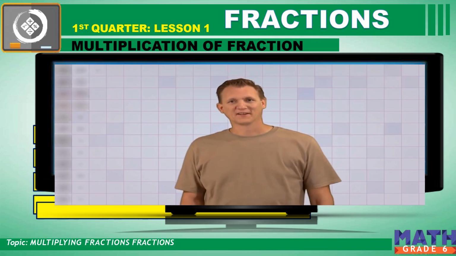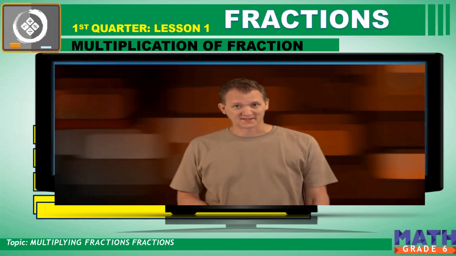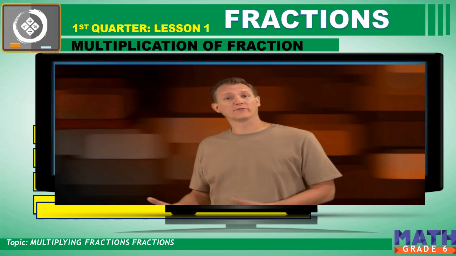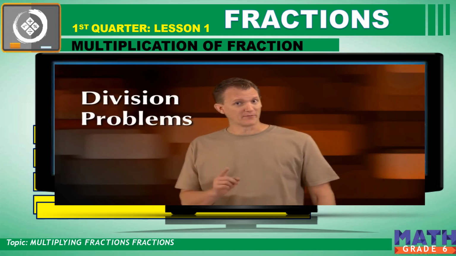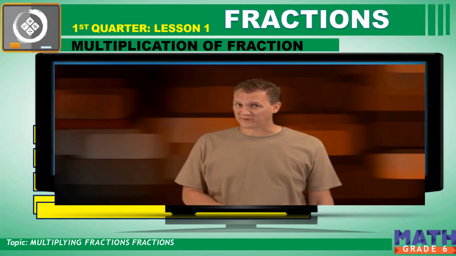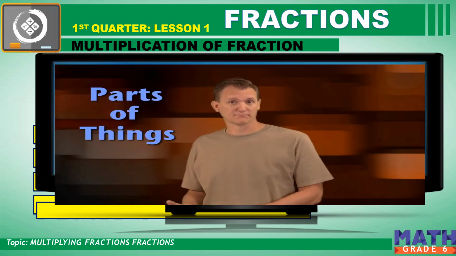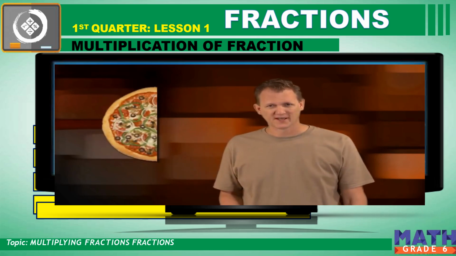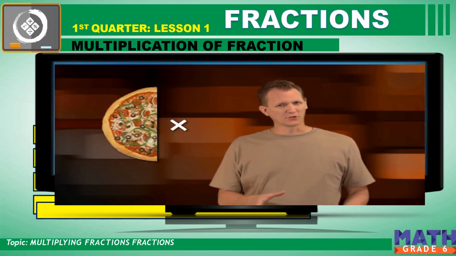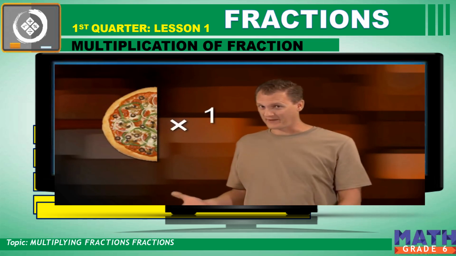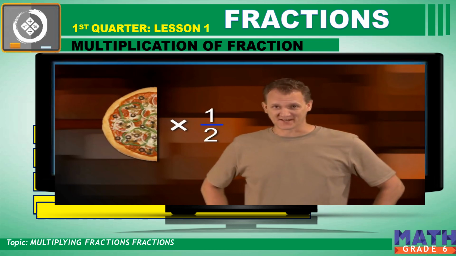So there you have it. Multiplying fractions is easy because fractions are just another way of writing division problems. But remember, there's another way to think about fractions. We can also use fractions to represent parts of things, like half a pizza, for instance. But does it make sense to multiply half a pizza by another half? Actually, it does.